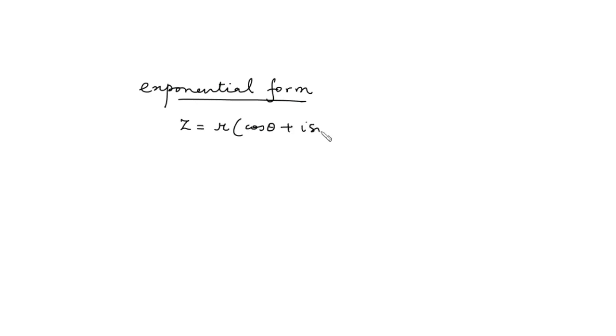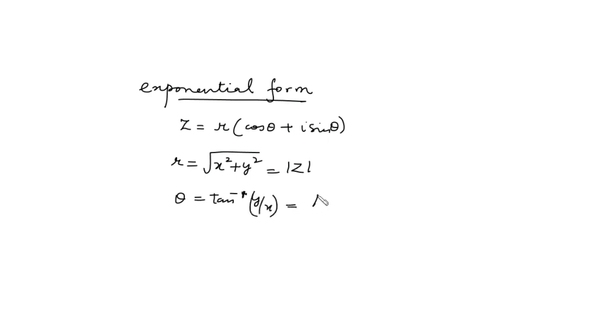Now see the exponential form of a complex number. We have done that z can be written as r cos θ plus iota sin θ, where r is the square root of x square plus y square, which is the mod of z, and θ is tan inverse y upon x, which we write as the principal argument of z.